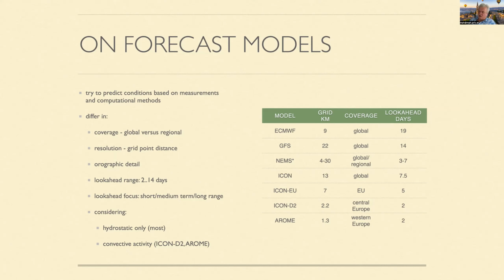It might be able to say something about, say, the temperature based on the barometric equation, but certainly not as a solid forecast. So most models are based on the hydrostatic model method, and some of them, especially high-resolution models, actually consider convective activity. I have one example later.